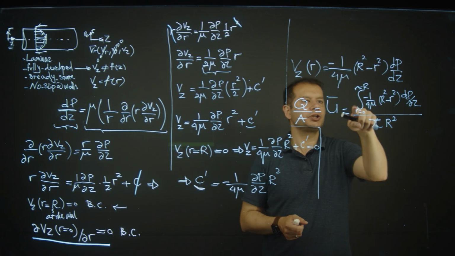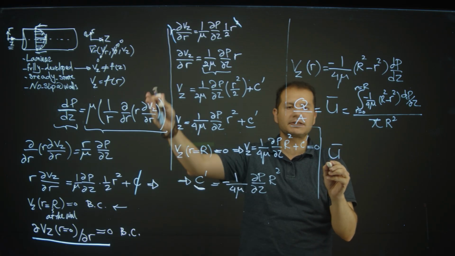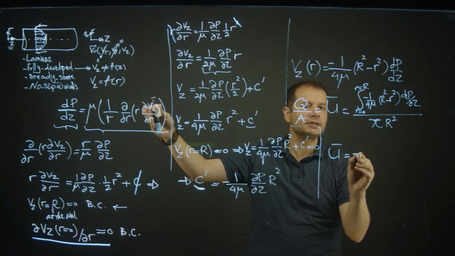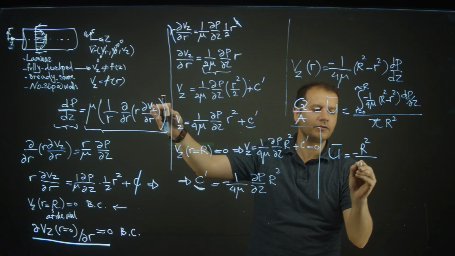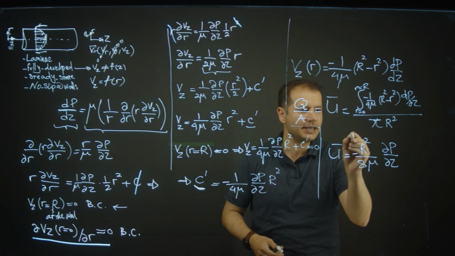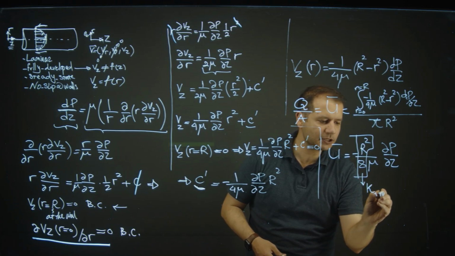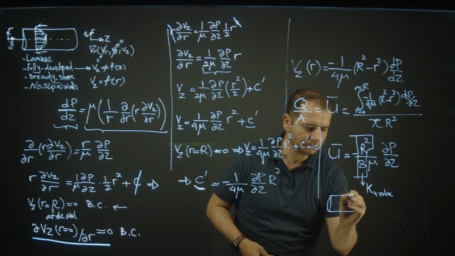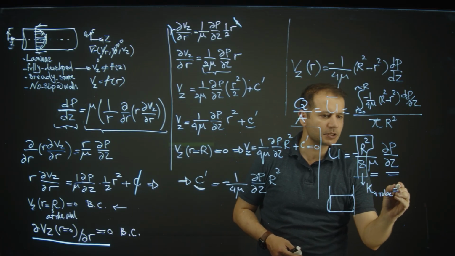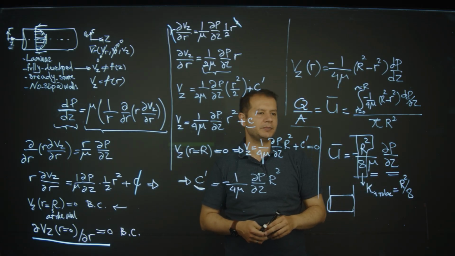When we did that calculation in lecture 2, we found that the average velocity across this tube is minus what, if you remember? R squared over 8 mu dp/dz, which made us say that R squared over 8 is the permeability of one tube. Depending on the pressure drop and the viscosity of the fluid, the permeability of one tube will be R squared over 8. That's why we used R squared over 8 as the permeability of that tube.